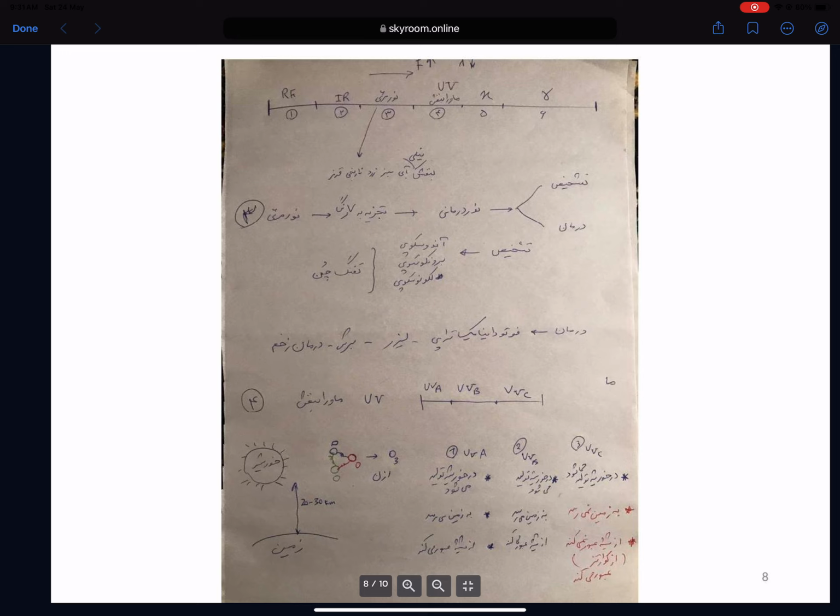Can you tell me what is the difference between UVB and UVA? Yes, of course. The frequency, yes, that's a good answer. The frequency of UVB is higher than the frequency of UVA.